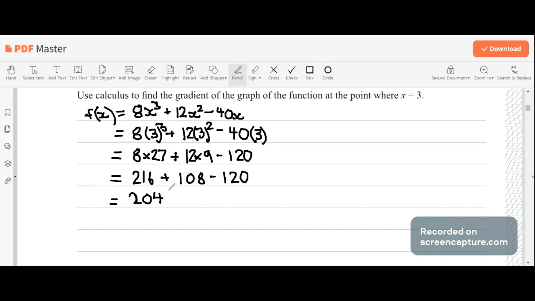Simple mistakes always get you. So 8 times 3 to the third power plus 12 times 9 minus 120. Yeah, so 204. So that should be the gradient function at that point.